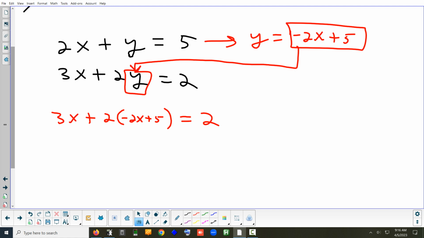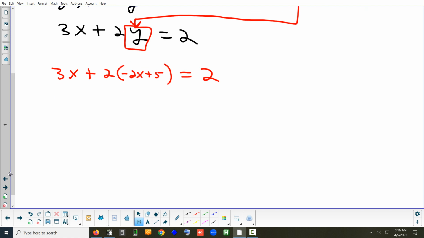Wyatt, what's the first thing I'm going to have to do there? Okay, can you tell me what you get when you distribute that out? Negative 4x. It's 10. Okay, Matt, my next step. Move the 2 to the side. Well, the goal now is to get the letter by itself.